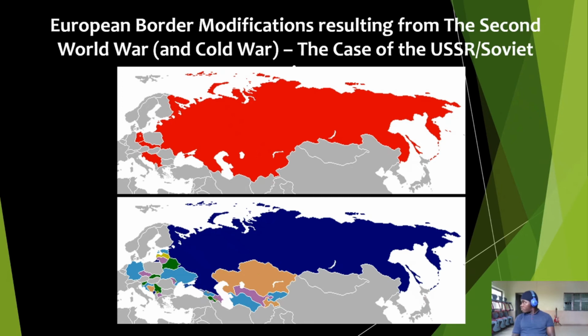So when they got rid of the kings and queens, the communists were in power. They became sort of the presidents. They ran the place.